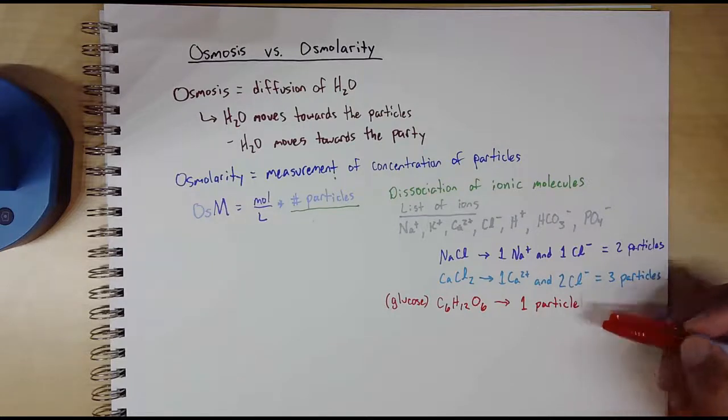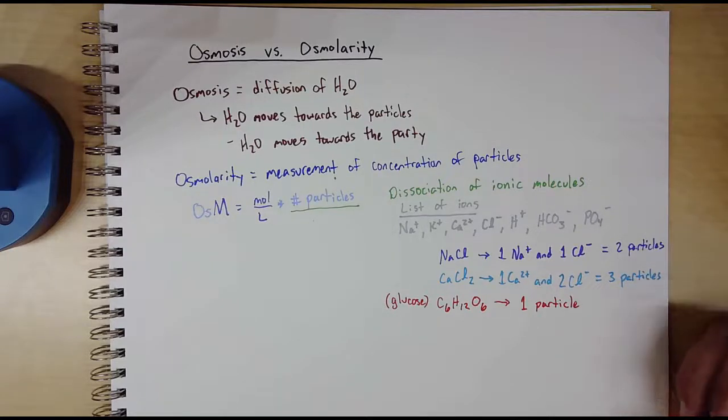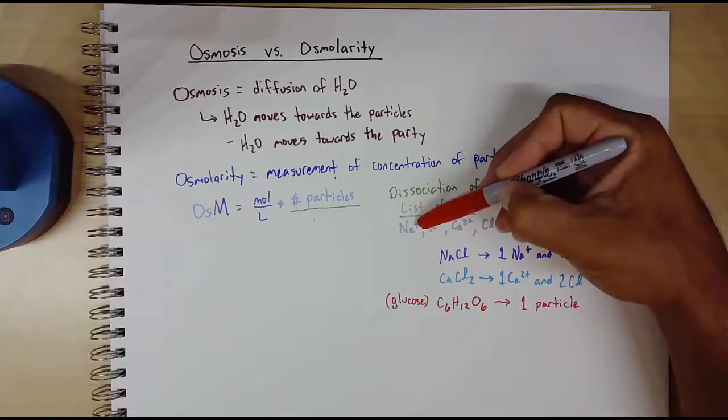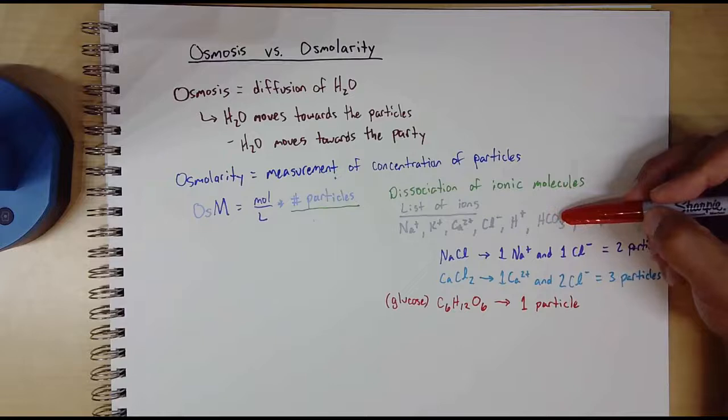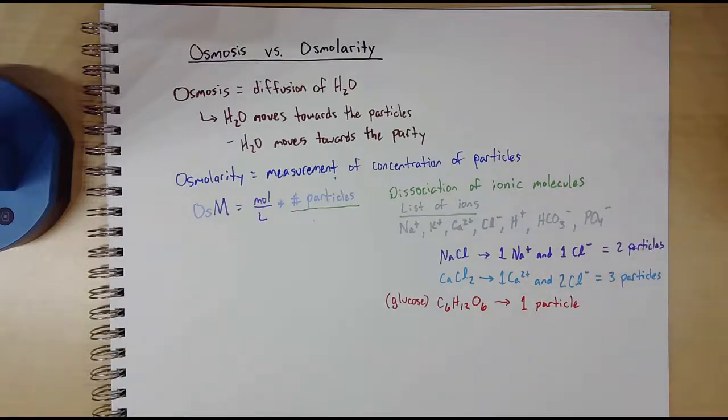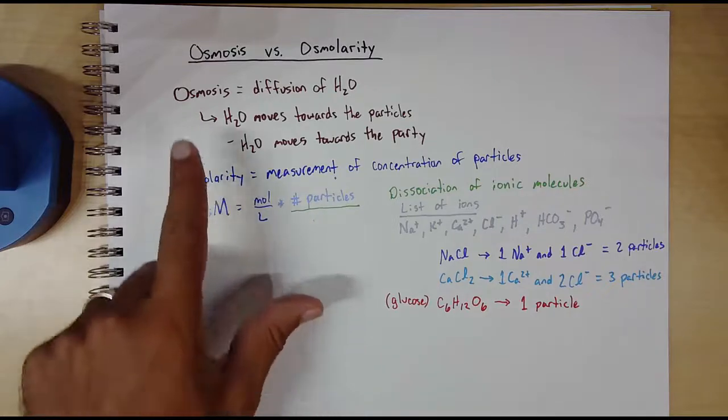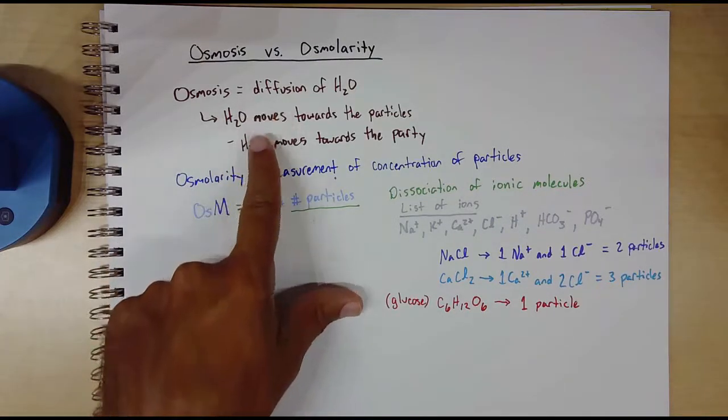Versus something like sodium bicarbonate. Well, sodium is a cation, bicarbonate is an anion, so that would split into 2 particles. And why this is so important in the human body, in biology in general, is that we have osmosis as the diffusion of water. It's going to go towards the party.